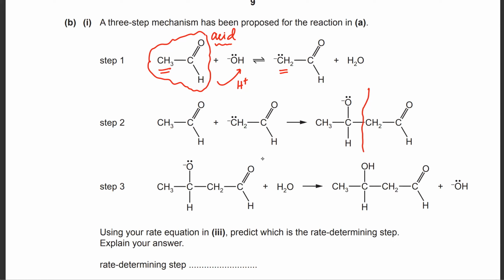This carbon over here is positively charged, and the CH2- is getting attracted to that positive carbon atom, which is why the CH2 is joining with it. As it approaches, the double bond electrons are getting repelled, which is why you don't see a double bond. Instead, the oxygen has all the electrons.